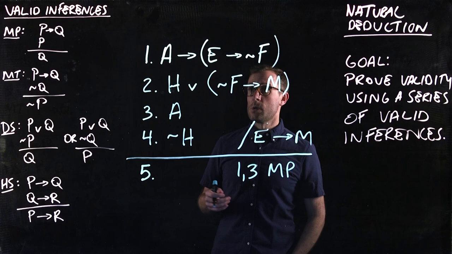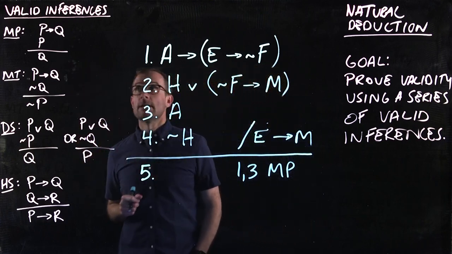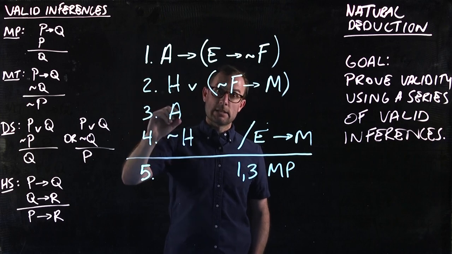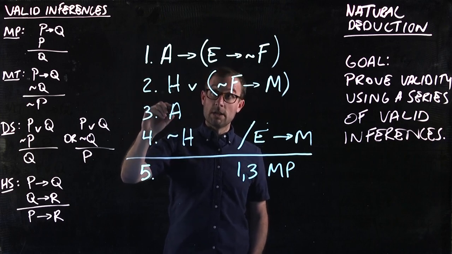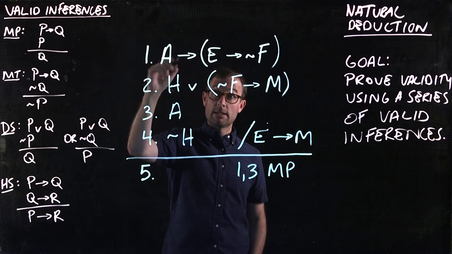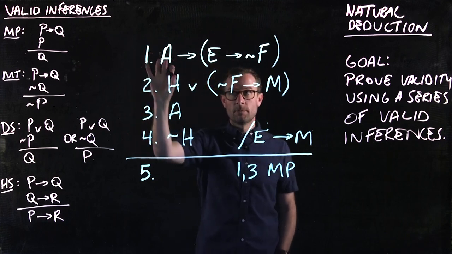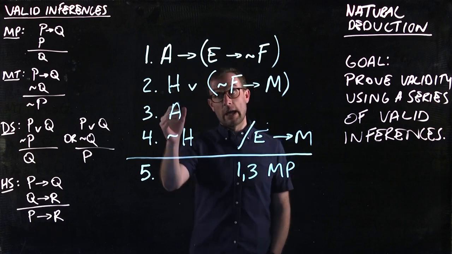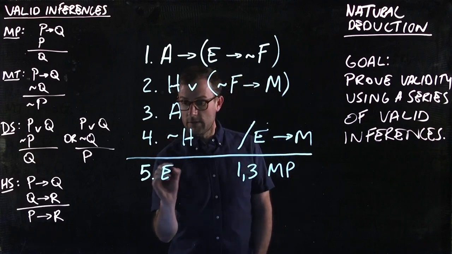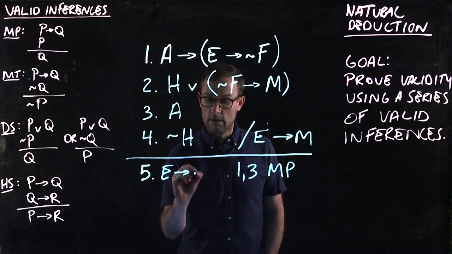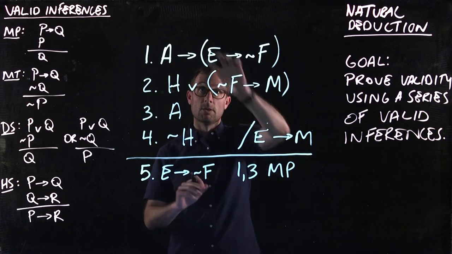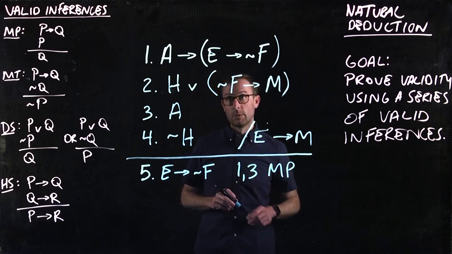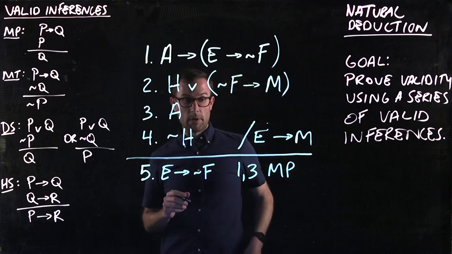So looking at the modus ponens, anytime we have the antecedent all by itself, we can affirm the antecedent is the case in the conditional. So if A, then if E then not F. A is the case, so if E then not F. The consequent follows, given that A is the case in 3, and we get that from 1 and 3 by modus ponens.